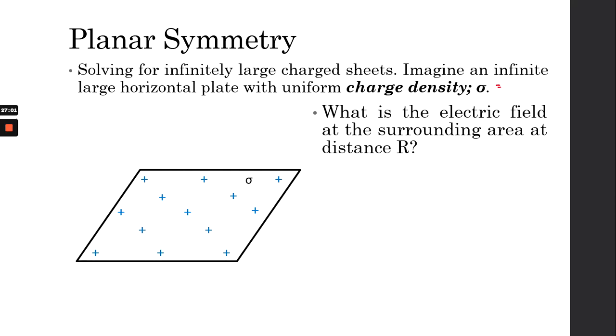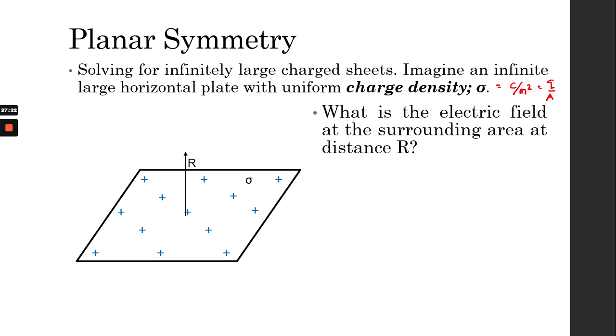This is not a volume, it's just a flat sheet. So that is a surface, and we use surface charge density, which is Q divided by area. What is the electric field at the surrounding area at distance r?